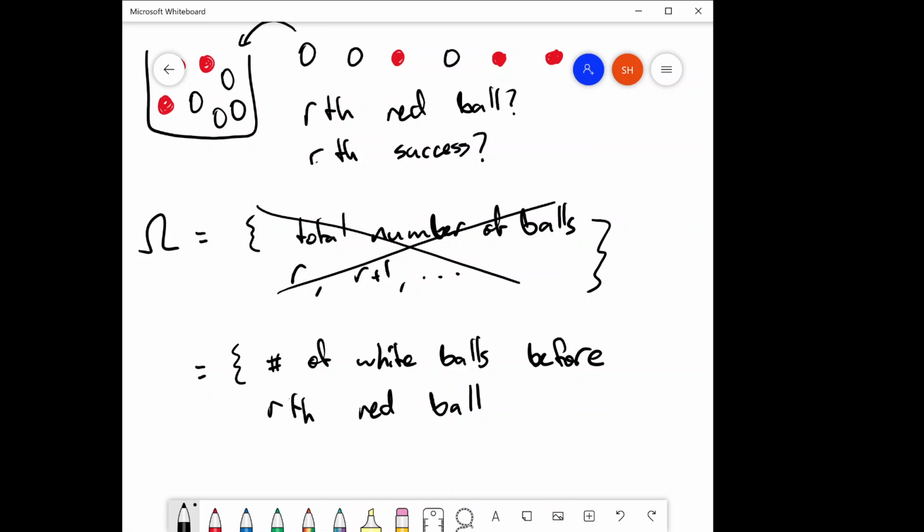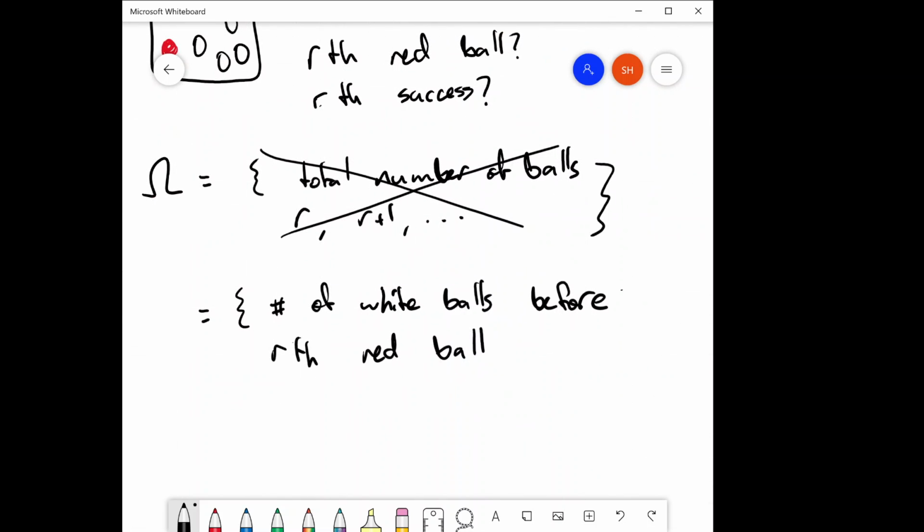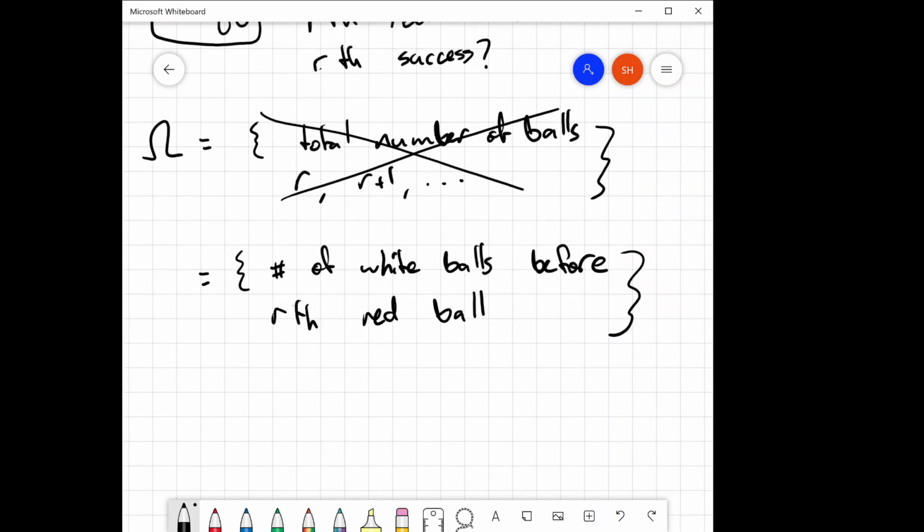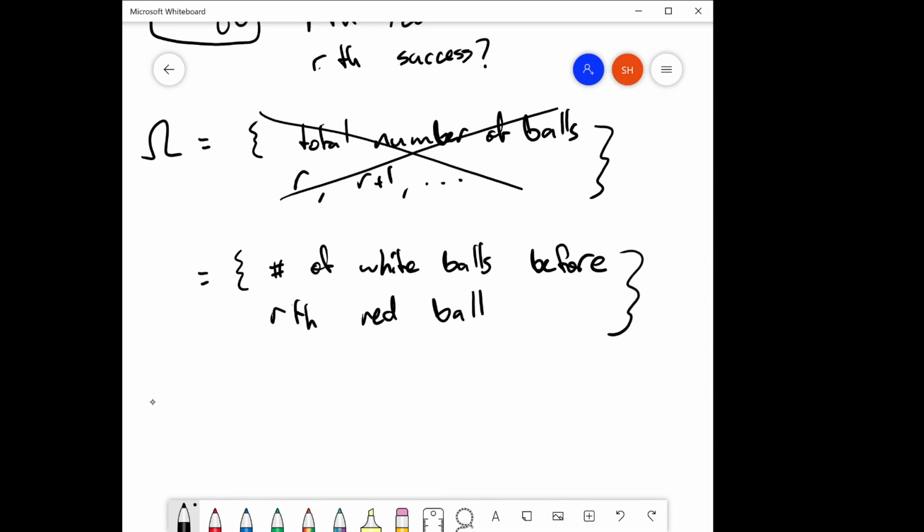Let's actually get into figuring out what the probability distribution looks like. So let's say that p, between 0 and 1, is the proportion of red balls in our urn.